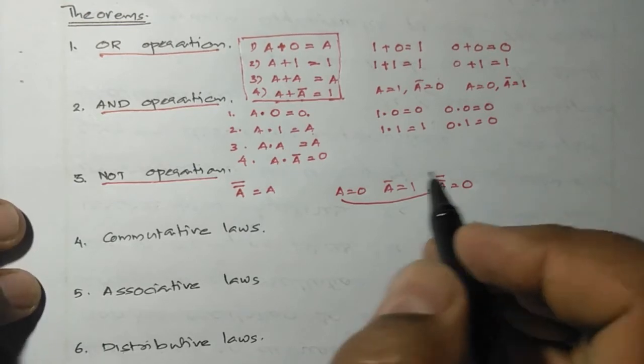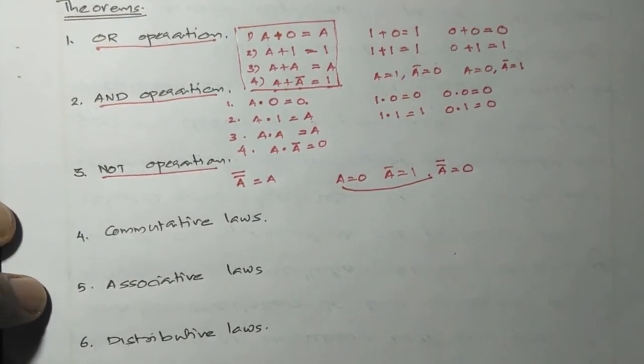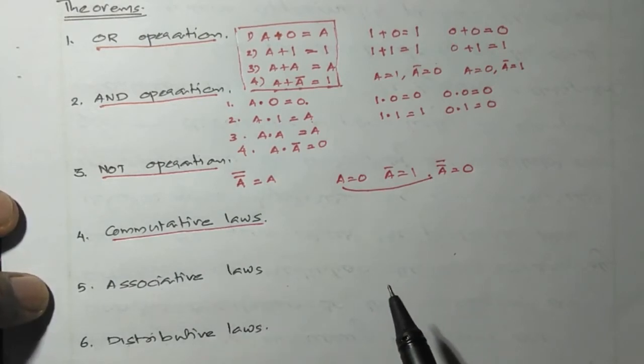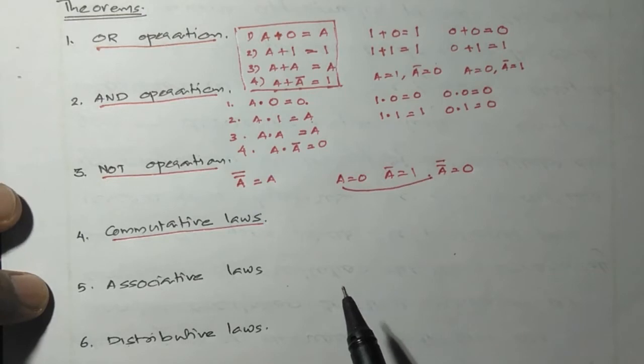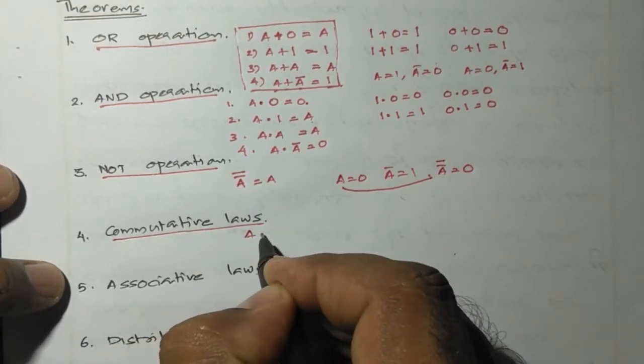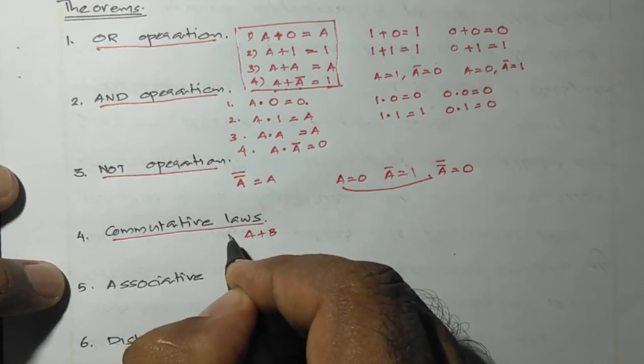Then we have certain laws, the commutative laws, associative laws and distributive laws in Boolean algebra. Let's start with the commutative laws. A OR B is the first law.